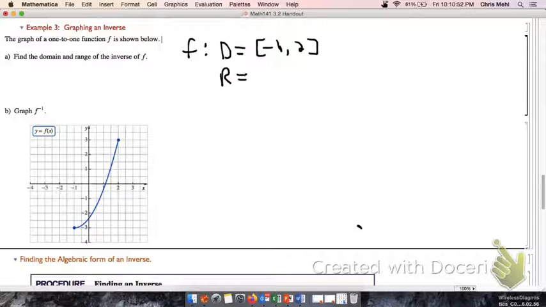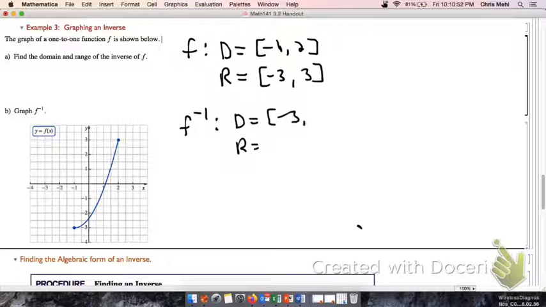In the range of f, the lowest y coordinate is -3, and you get all y values up to 3. For the inverse function, the domain and range just swap. So the inverse function has domain -3 to 3, and the range becomes -1 to 2.